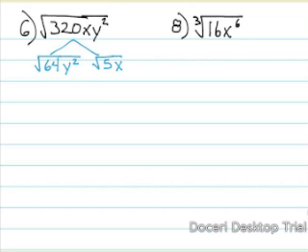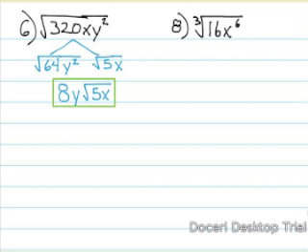So we put the y squared over here. We put the x in the not so perfect squares. When we start simplifying, the square root of 64 is 8. The square root of y squared is y. And then we leave our radical 5x on the end because we can't do anything with it. There's no perfect squares in there. So you end up with 8y radical 5x.